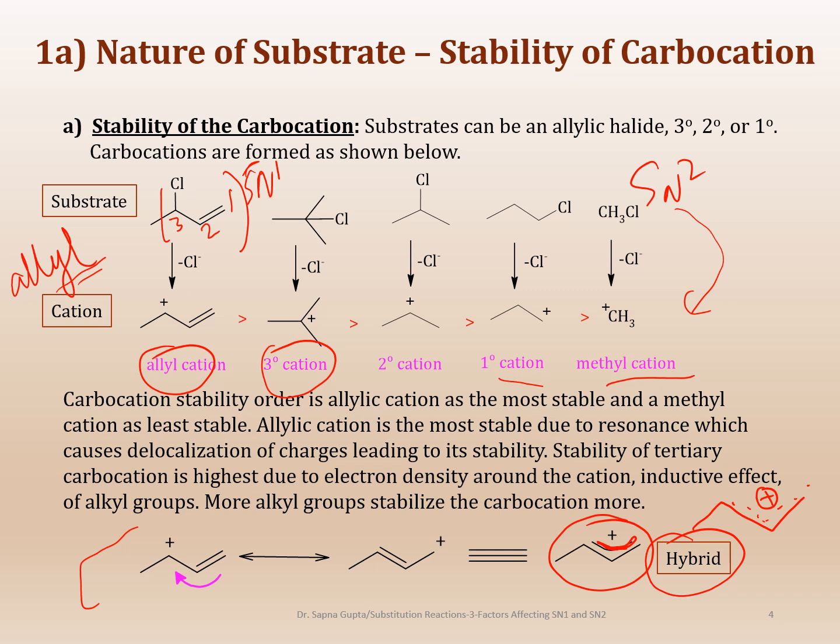Now let's talk about why the tertiary is more stable than secondary, than primary. This is the most stable one. The reason a tertiary cation is more stable than secondary versus primary has to do with all these groups that are around the cation. All of these groups are electron dense groups, which means they have the CH3s.